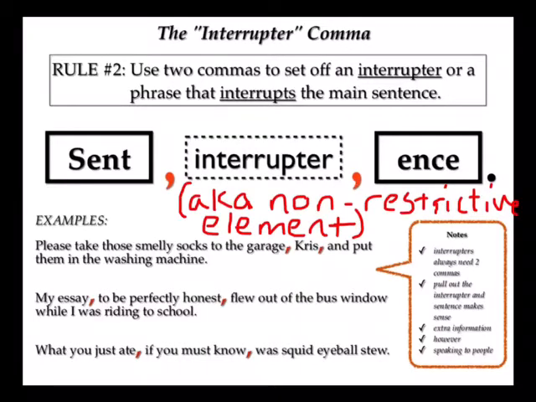If you type 2 hyphens in Microsoft Word, it'll change it into a dash. I love language. Pull out the interrupter and the sentence still makes sense. It's extra information. Non-restrictive elements, right? However, if you throw however in the middle of your sentence, that's an interrupter.